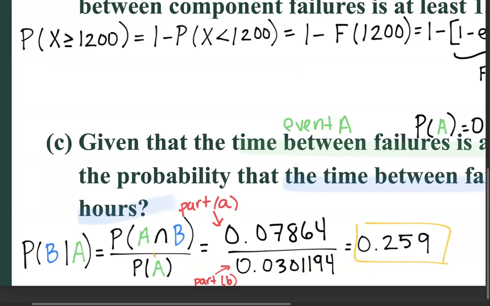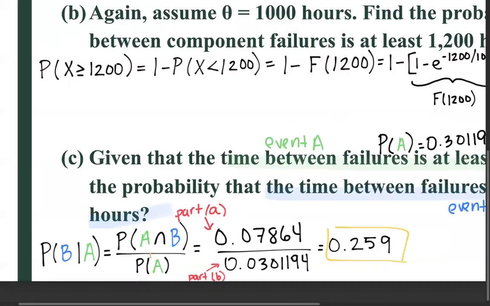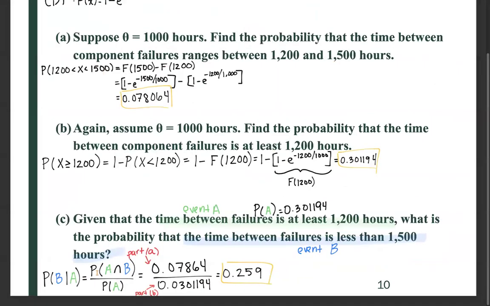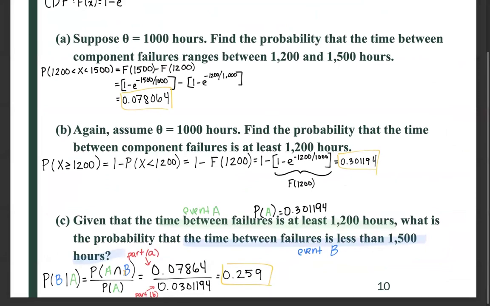Luckily, we already solved most of this problem, because the probability of A intersect B, the probability that event A happens and event B happens, is given in part A. The intersection here is the probability that the time between failures is at least 1,200 hours and less than 1,500.